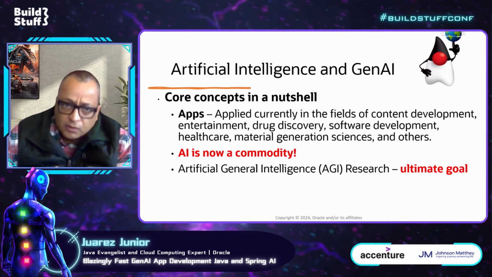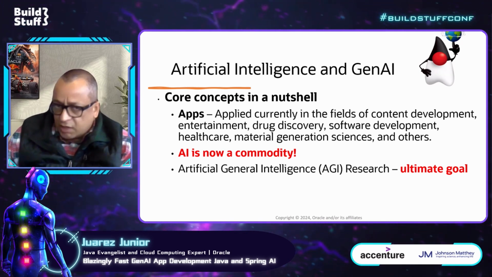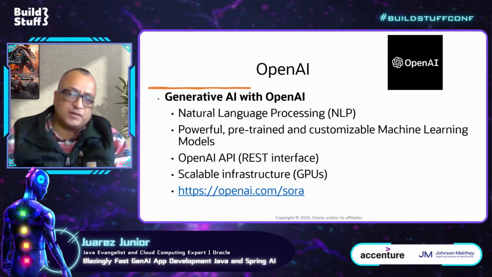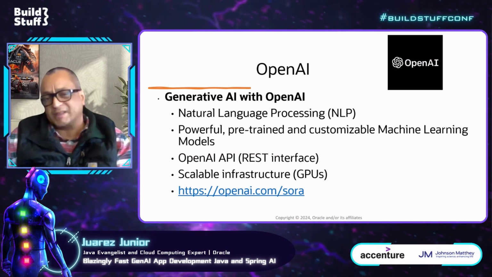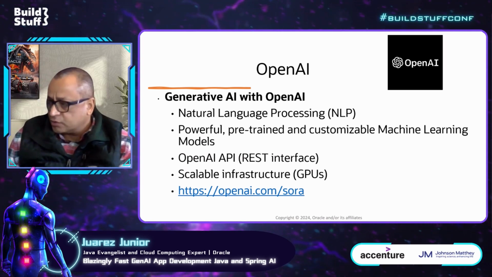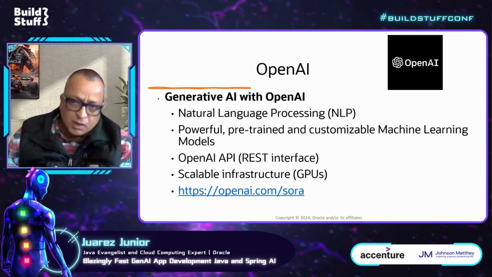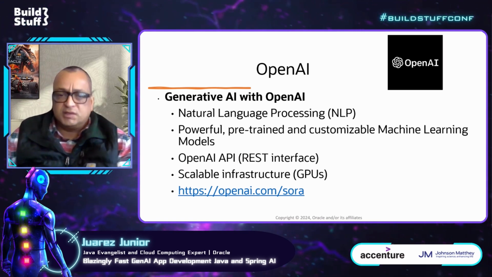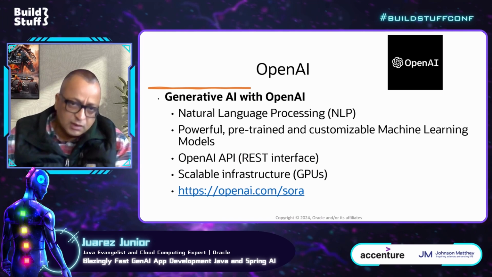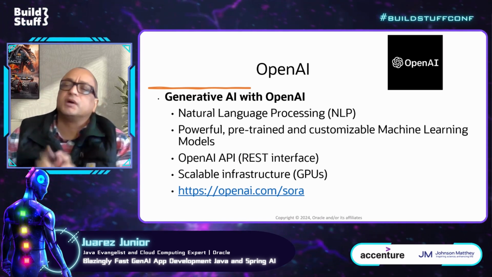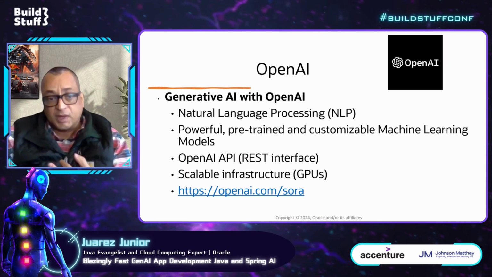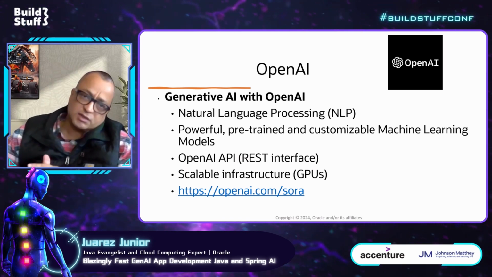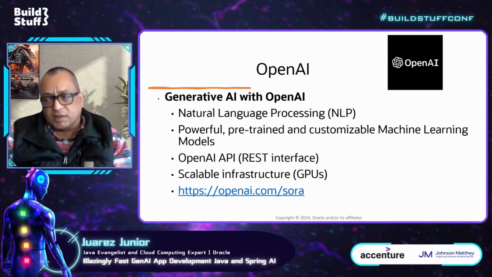And AI is somehow now reaching the same stage, because with companies like OpenAI, which is actually on my next slide here, we have a platform abstracting all the complexity regarding not only training models, but also optimizing models, deploying them at scale, managing security, the entire governance, and a selection of runtime environments in terms of scalable computers and the underlying infrastructure with the use of GPUs and powerful processors, and exposing that as an easy application programming interface with the OpenAI API, which is actually a REST interface.